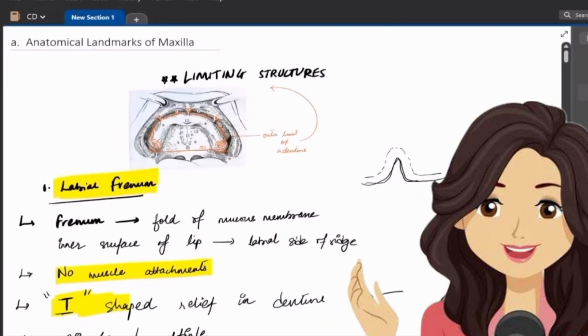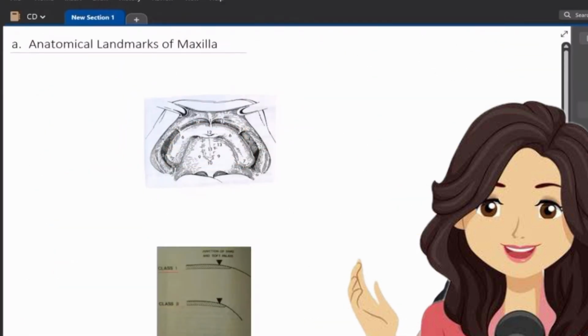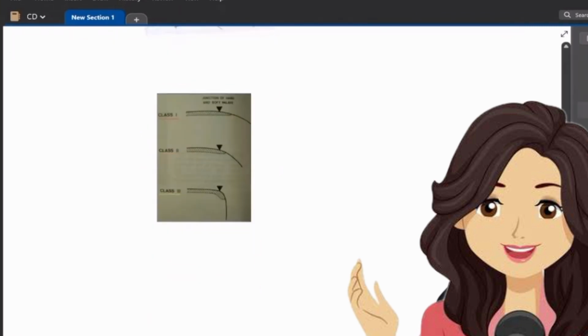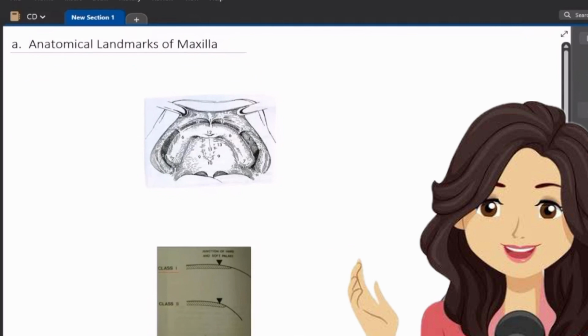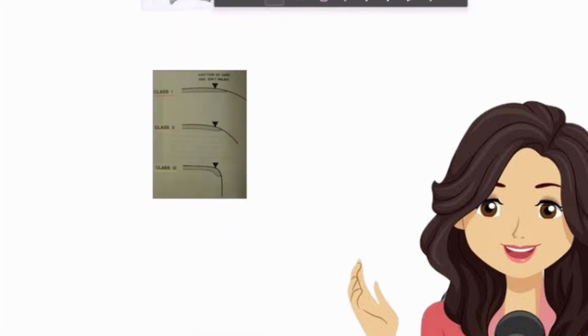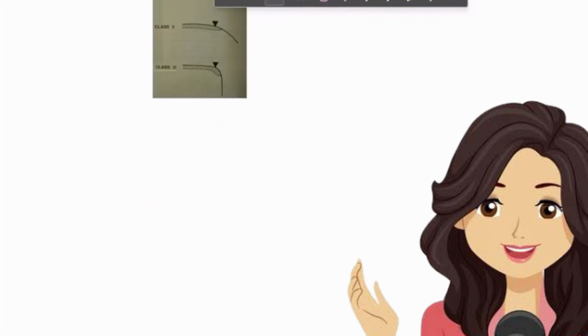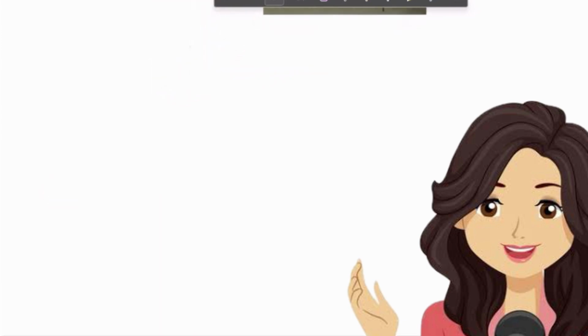Now we will see the next part of it, which is your relieving structures, and then we'll go on to discuss other aspects of the maxilla. So, relieving structures.